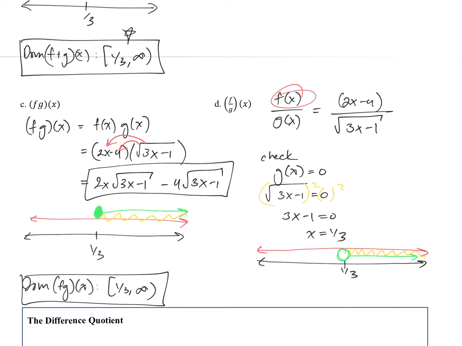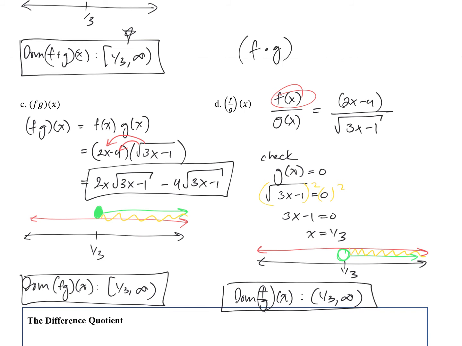The domain of f divided by g of x is going to be 1/3 to infinity, not including 1/3. You've got to be careful with the division. And we're not going to be finding the domain of composition. Okay, so nothing with the domain of this, just with the other functions.